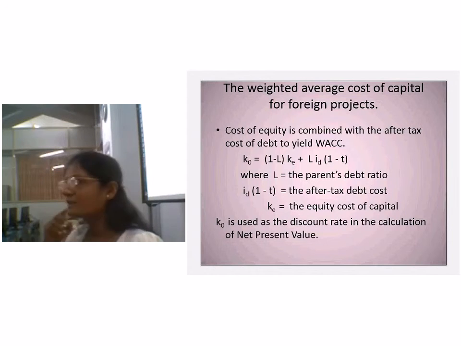So if a project of a multinational company shows a lower beta value than the project of domestic firms, so what would be the WACC?